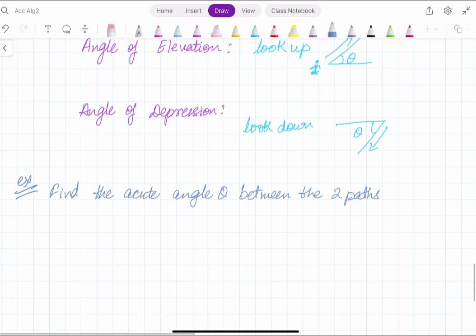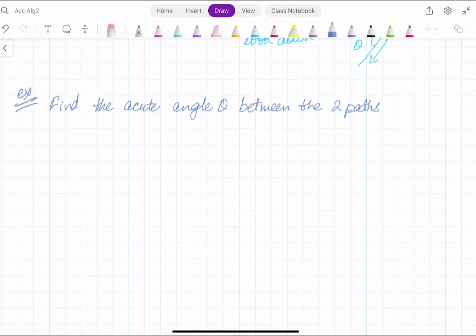Between the two paths, so I'm roughly sketching the path, and it is forming a shape of a right triangle. So let's label it. So it's not 3 miles, it should be 6 miles. So the hypotenuse is, or this side length is 6 miles.